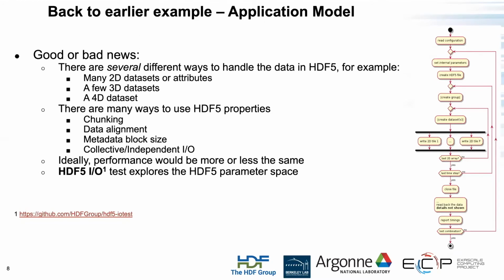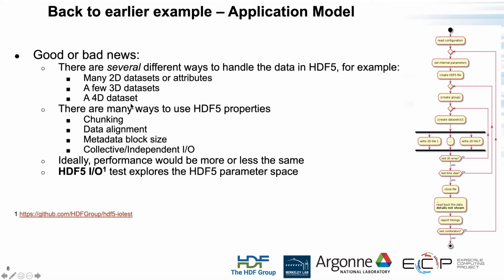So let's go back to the earlier example. So, good news, bad news. There are several different ways that we can write those arrays in HDF5. We can write the 2D data sets and attributes, or we can combine those reads and writes into fewer 3D data sets. And then finally, you can write them into 4D data sets.